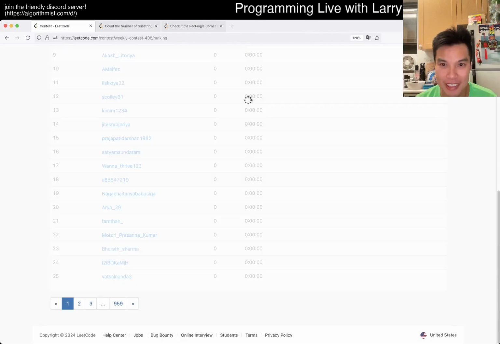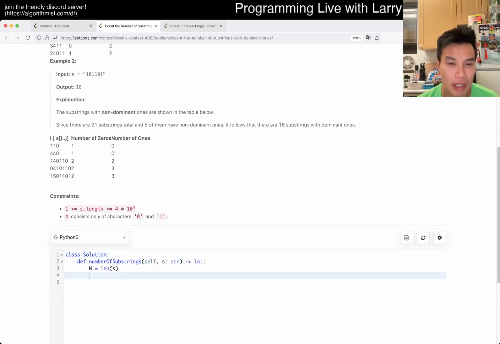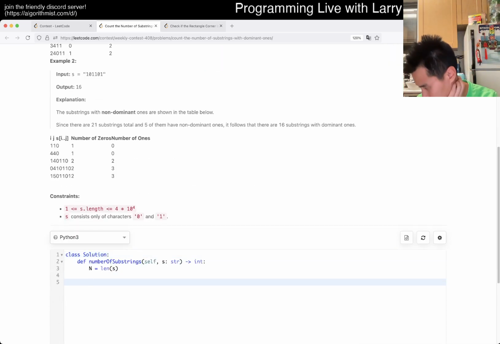Did I do okay on the Q2? Maybe I did okay on the Q2. Could have been faster. But let's focus on this one then. How many length? Can we do it on every length? I don't think so, because that's just n squared.